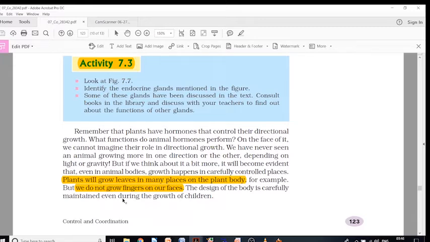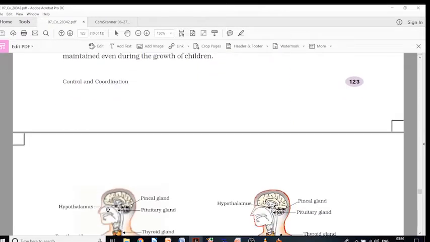The hormones direct both the thumb cells, or both the hand cells, you can say, to grow up to this much length only. So that is how hormones work. They enter each and every cell of the body. That is a difference.